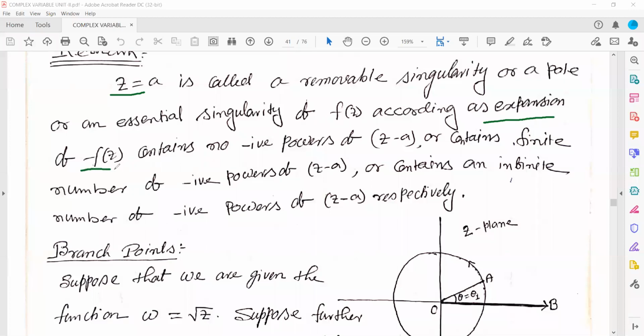You have a function f(z). Then you expand that function f(z).